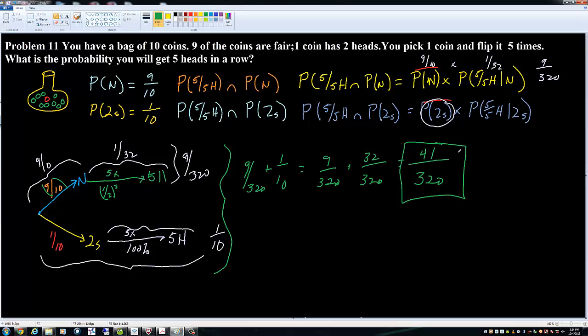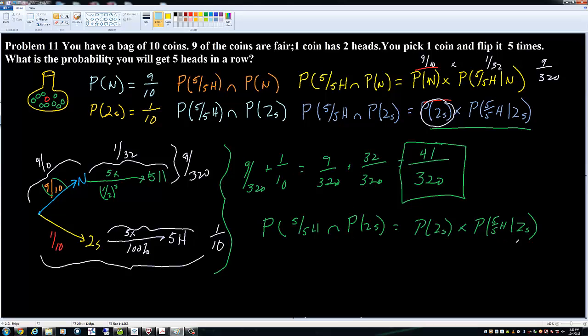Looking at this a little more abstractly, if you look at any of these formulas, for example, let's say the bottom arm of the study. So you have the probability of getting 5 out of 5 heads and the probability of picking the two-sided coin is equal to the probability of picking the two-sided coin times the probability of getting 5 out of 5 heads having picked the two-sided coin.